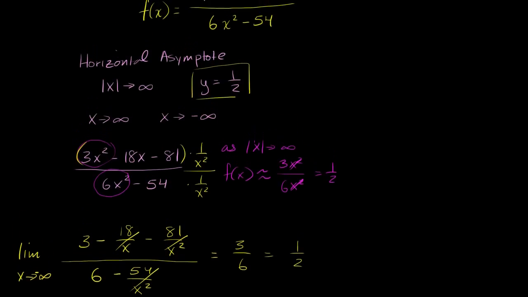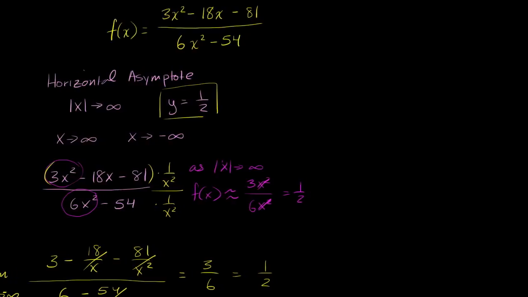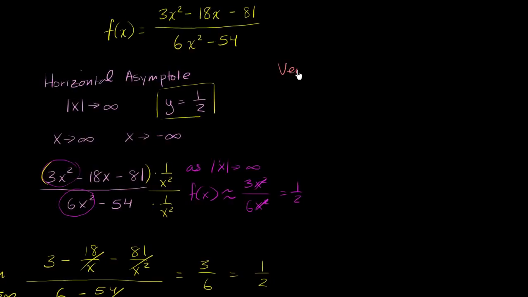Now let's think about the vertical asymptotes. So let me write that down right over here. And let me scroll over a little bit. So vertical asymptote, or possibly asymptotes. Vertical, maybe there is more than one.